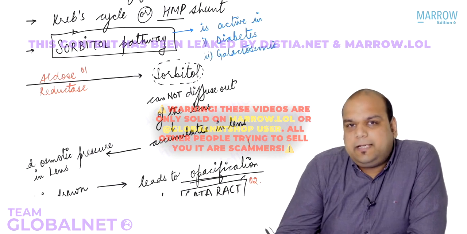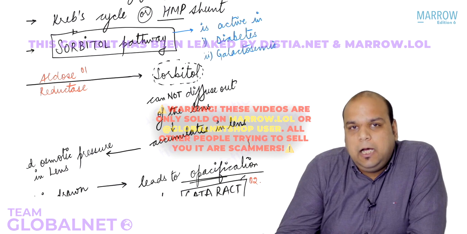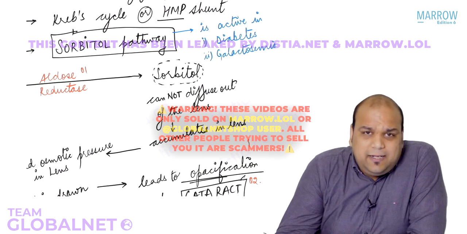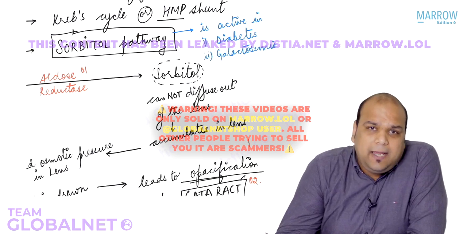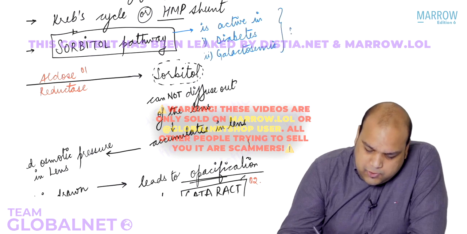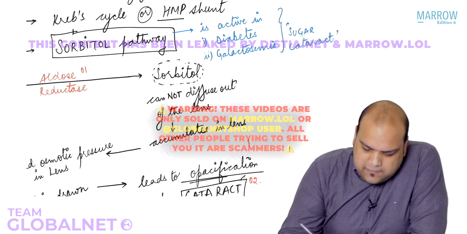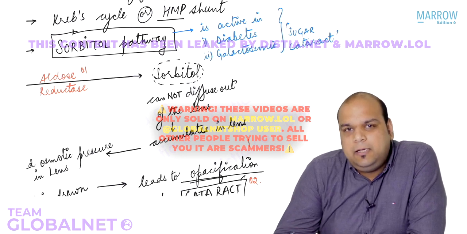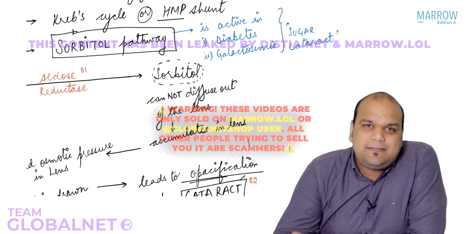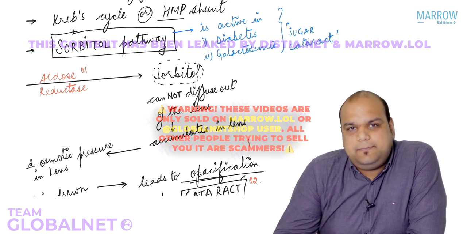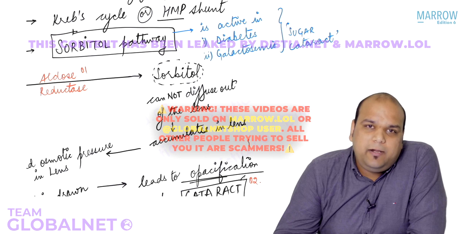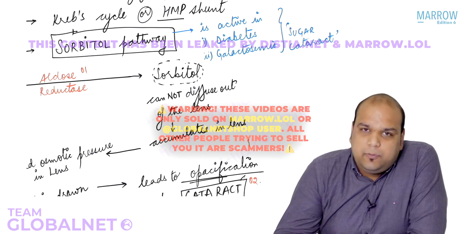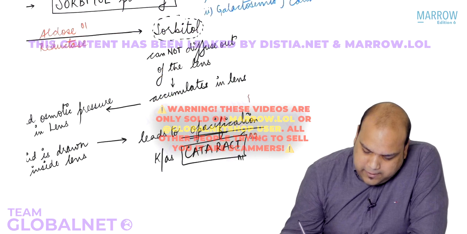So diabetic cataract or galactosemic cataract can be called sorbitol pathway cataracts or sugar cataracts. This word is mentioned in some of the textbooks. So I hope you understand from the whole name of the disease and the whole process why they are called sugar cataracts. Done, guys? That's all about the methods of carbohydrate or glucose metabolism in the lens. Please focus on the sorbitol pathway mainly.